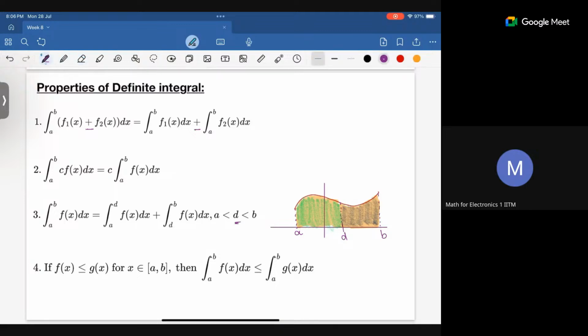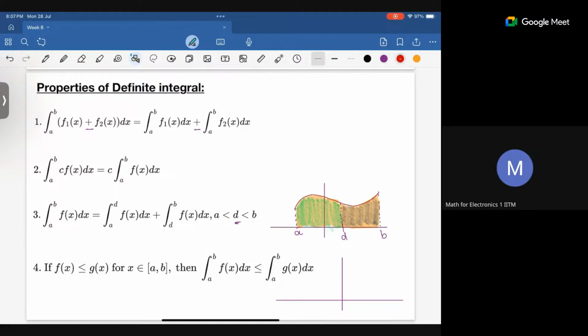And the last property is, if you have two functions, and one function is always lesser than the other in the interval a to b, then the area under the curve will also be lesser. You can compare the areas also.